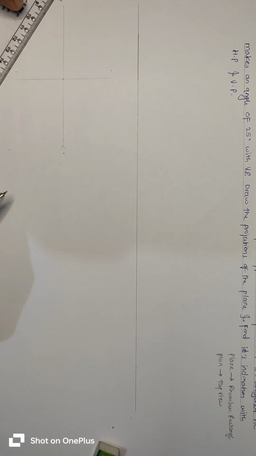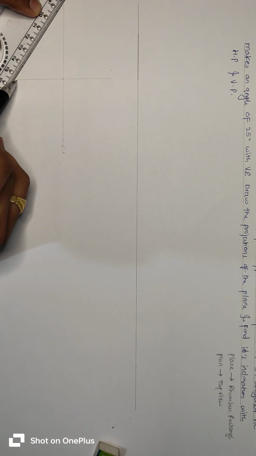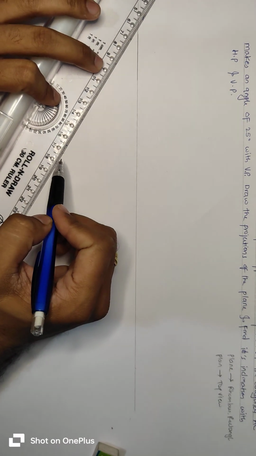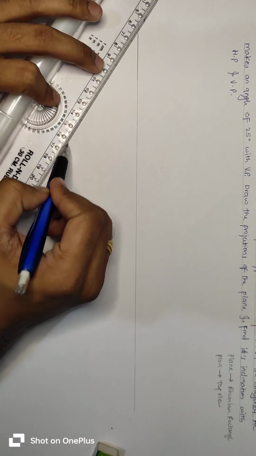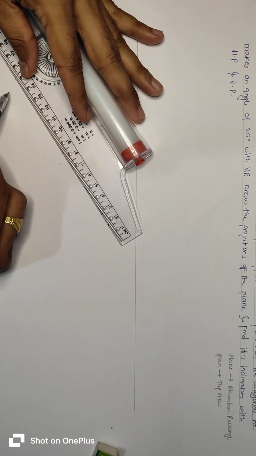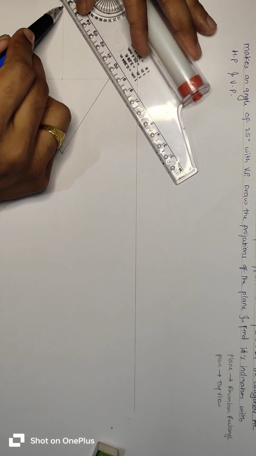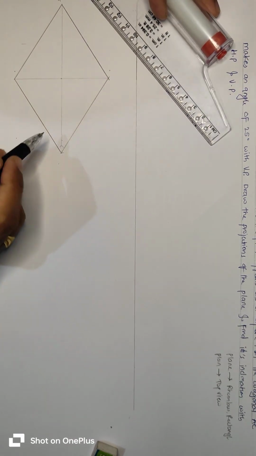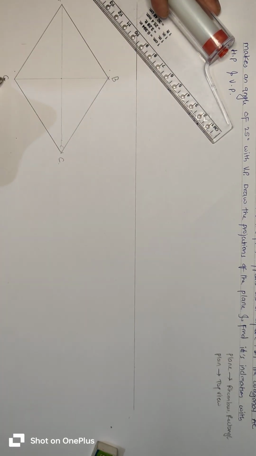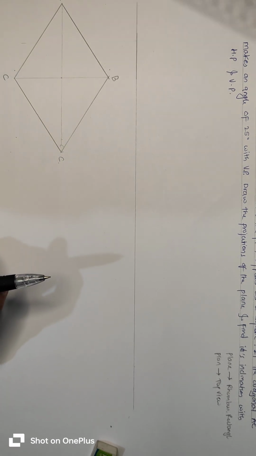So these are the two diagonals of the rhombus. Then connect the points and draw the rhombus. This is the ABCD rhombus of diagonal 115 and 75 mm.